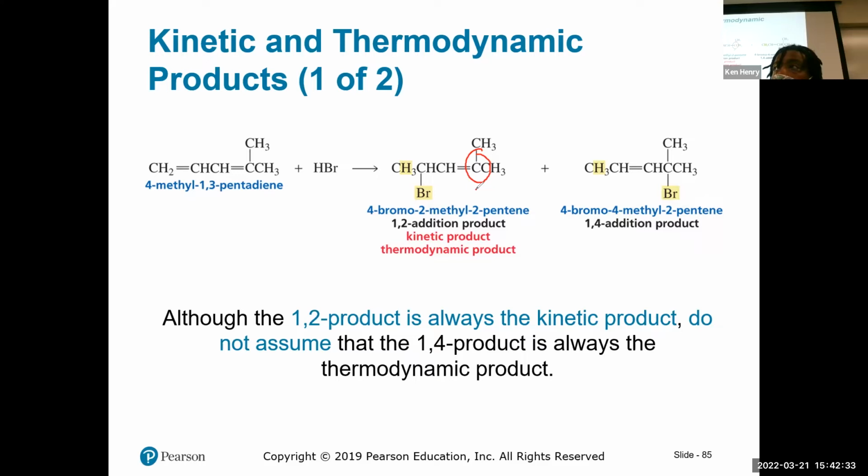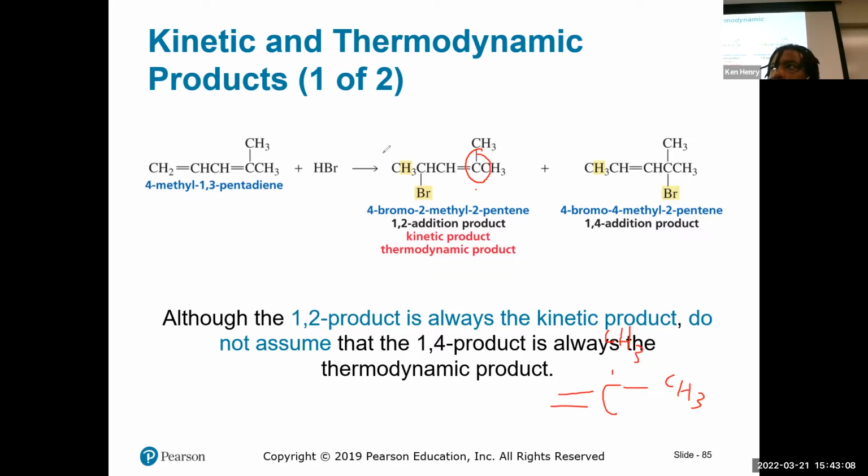Because we have that methyl group, kinetically it's going to be less appealing, because you have a double bond with a methyl attached to another methyl group, so you're doing methyl-methyl at this end, where we have a double bond over here.